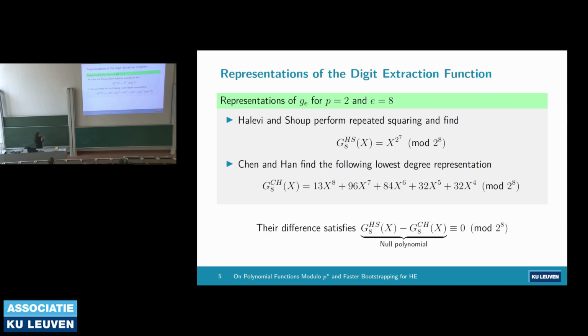And we observe the difference between these two polynomials has non-zero coefficients, but it evaluates any element into 0 modulo p to the power of e. Such a polynomial is called a null polynomial modulo p to the power of e. In other words, if we start from any representation, adding a null polynomial to it will change the coefficients, but not the function it represents.